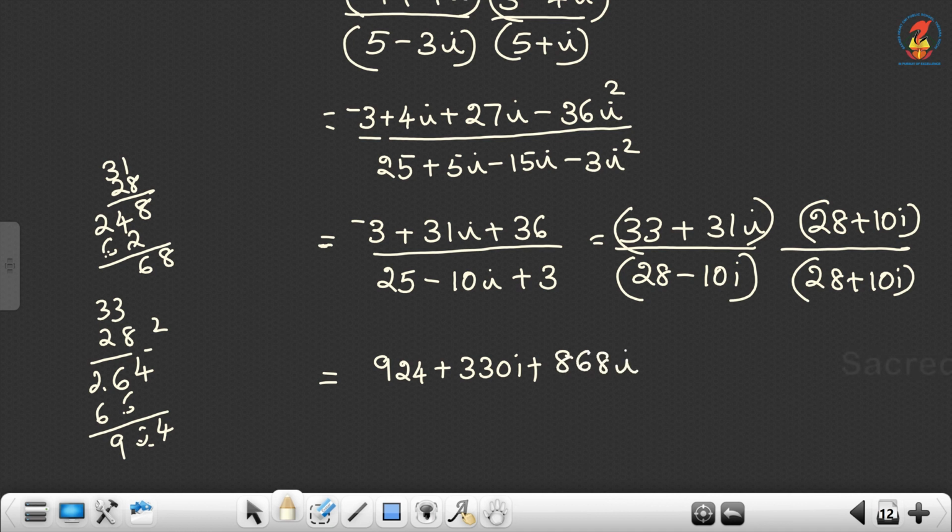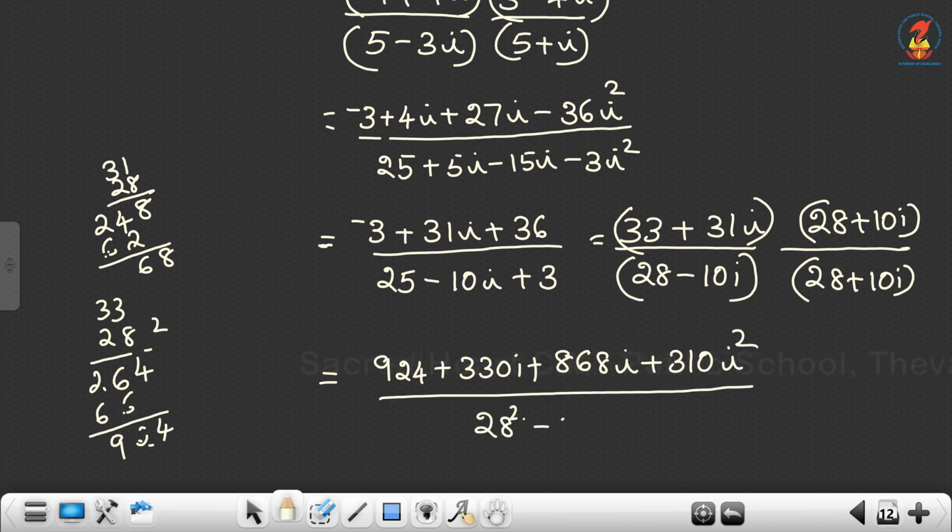Then 31 into 10 is 310i squared. Denominator is 28 squared minus (10i) whole square.